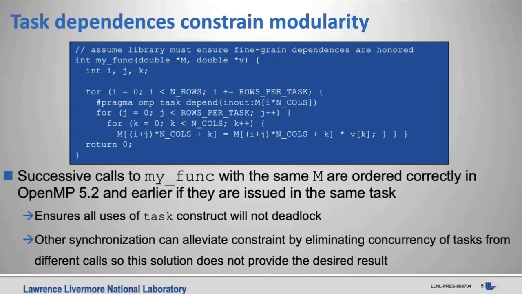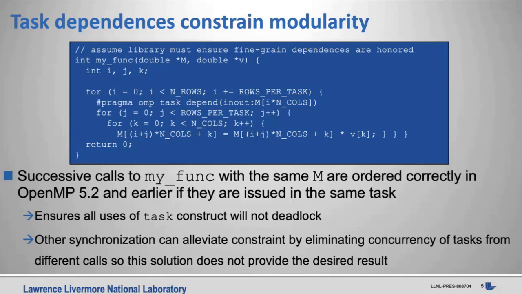However, as I said, prior to 5.2, those separate calls would have to be made by the same task. Otherwise, the dependencies do not apply across, to synchronize across different calling tasks. All right.